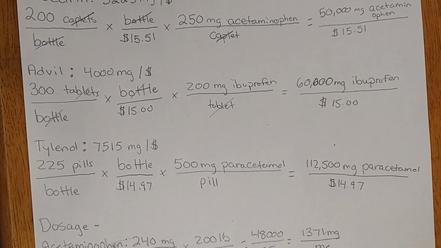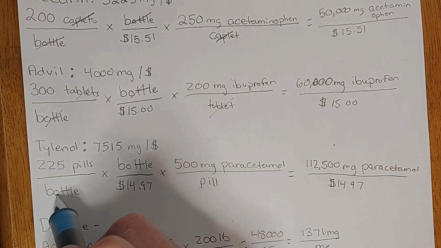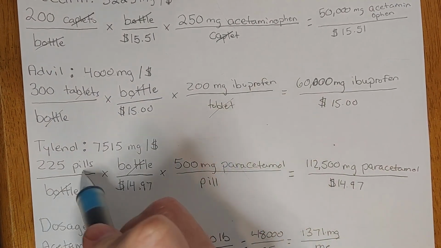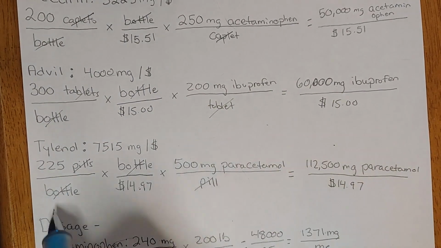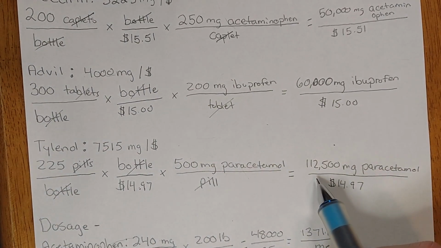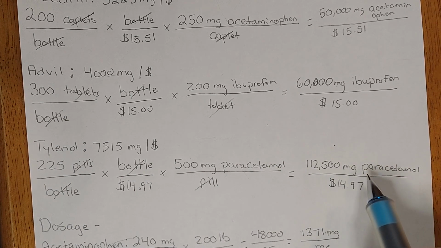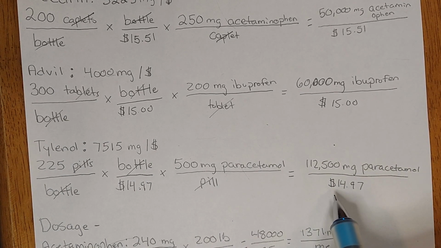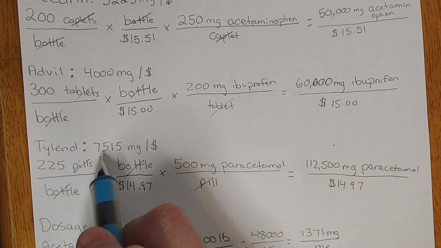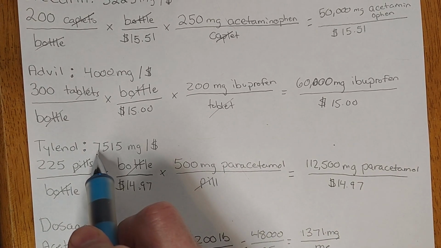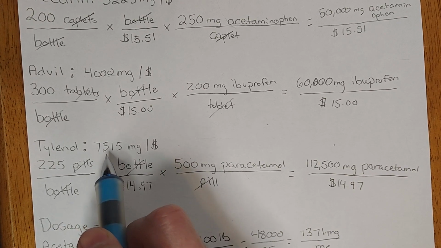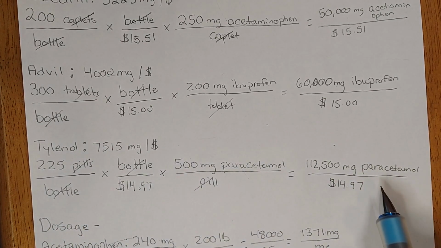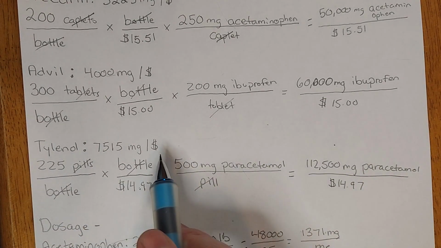And we use the same procedure for Tylenol, eliminating bottle and pills, multiplying across to get 112,500 milligrams of paracetamol for $14.97, which gives us a total of 7,515 milligrams of paracetamol per dollar.